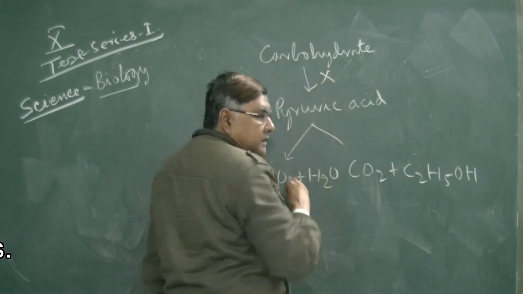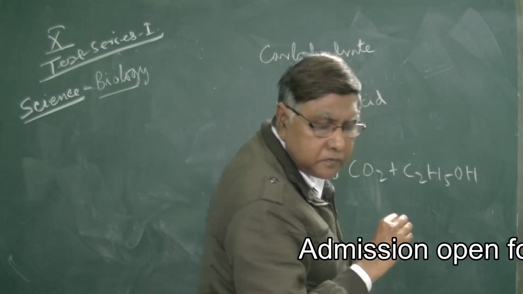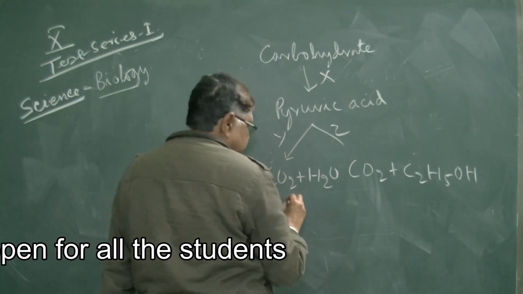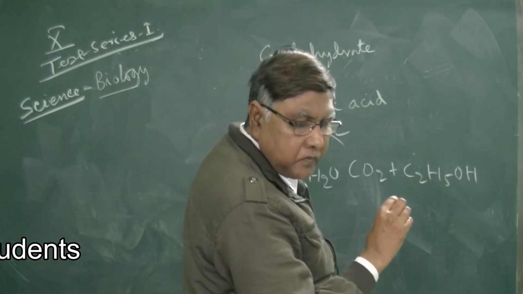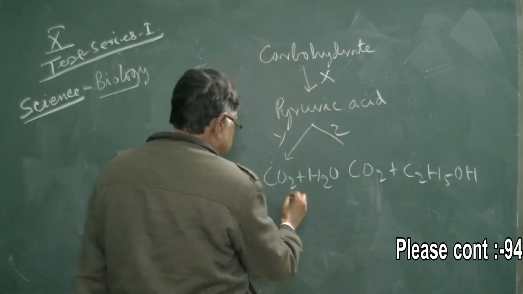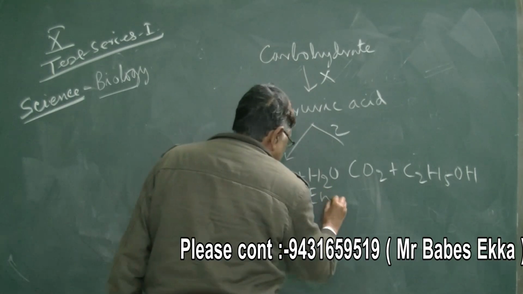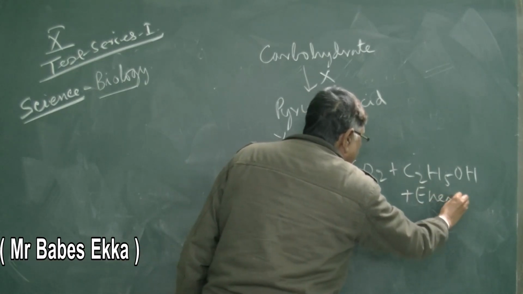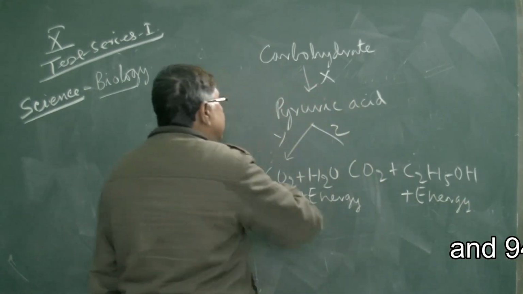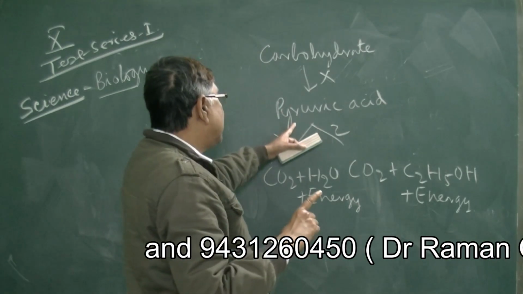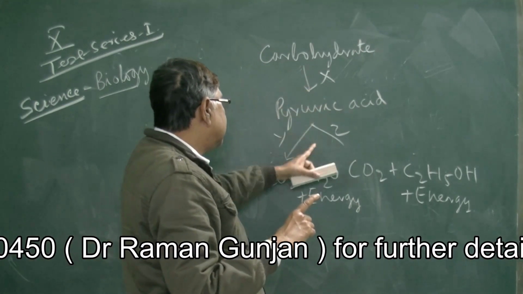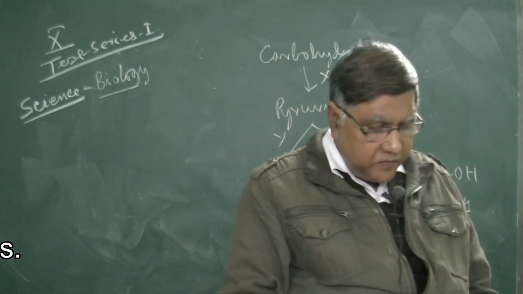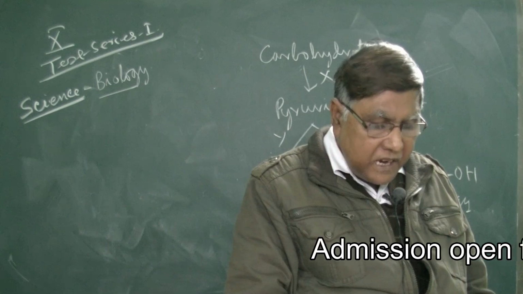The steps are X, Y and Z, plus energy here and plus energy also here, meaning energy is released in both processes. Carbohydrate to pyruvic acid is X, then Y and Z. The question is to identify X, Y and Z.